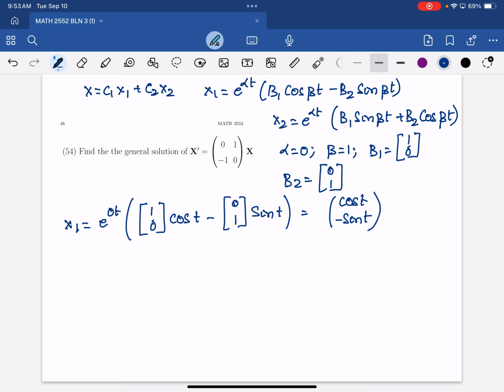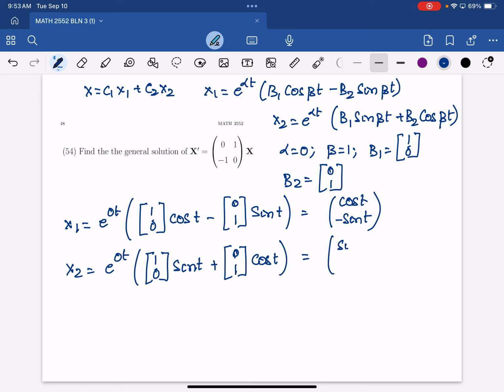Okay, so now my x2 is going to be e to the 0t times b1, which is 1, 0, sine t, plus b2, which is 0, 1, cosine t. Then that gives me sine t and cosine t, right? So my general solution x is going to be c1 cosine t, negative sine t, plus c2 sine t, cosine t.